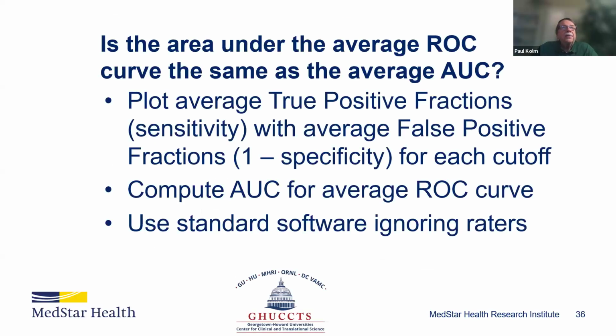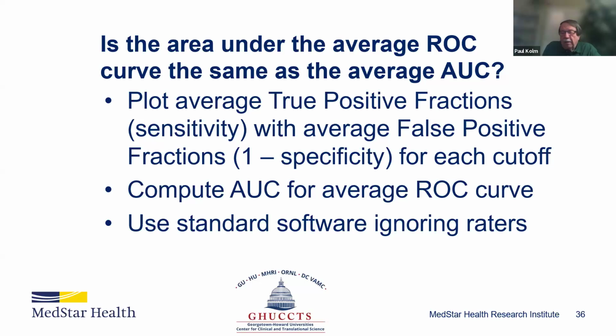So we can ask the question then, is the area under the average ROC curve the same as the average area under the curve? And so what we're going to do is plot the sensitivity with 1 minus specificity for each cutoff, and compute the area under the curve for the average ROC curve.